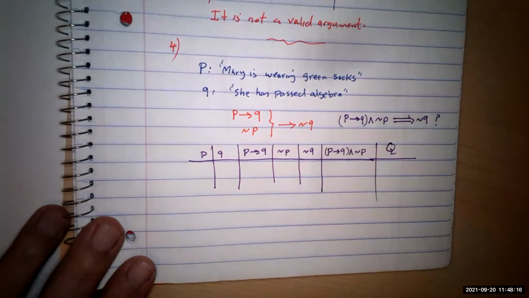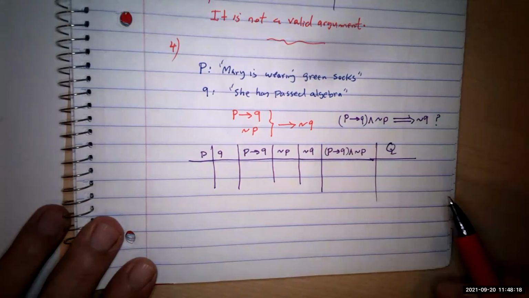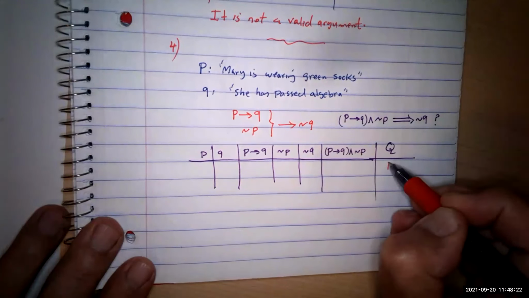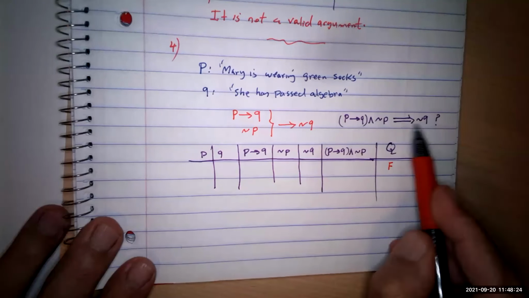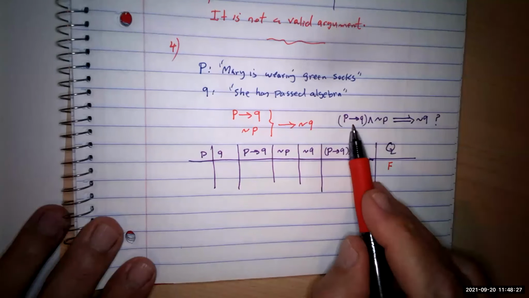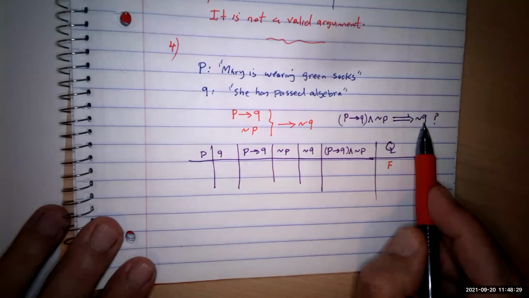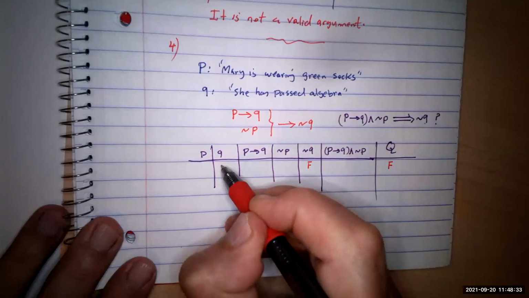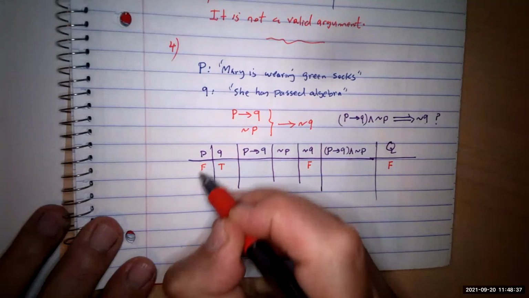Again, you want to reject it. Since you want to reject it, you want this to be false, and the implication is false if this is true and this is false. So you want the not Q to be false, so your Q must be true. So you get this one to be true and the other one to be false.